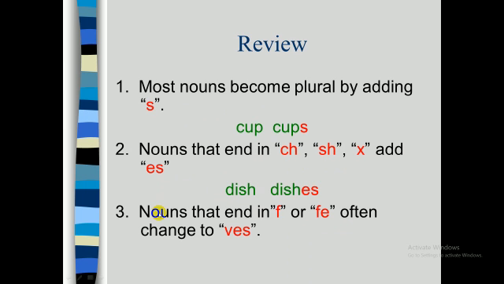Number 3, nouns that end in f or fe often change to ves. Examples: knife, knives.